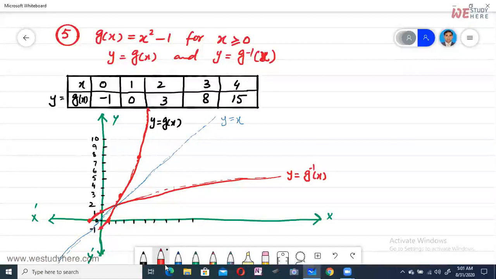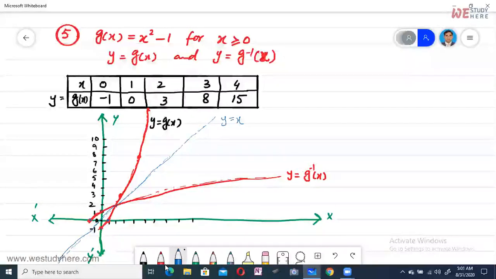After that, it says showing the coordinates of any point where the curves meet the coordinate axis. These points are on the x-axis this one and this one, on the y-axis this one and this one.